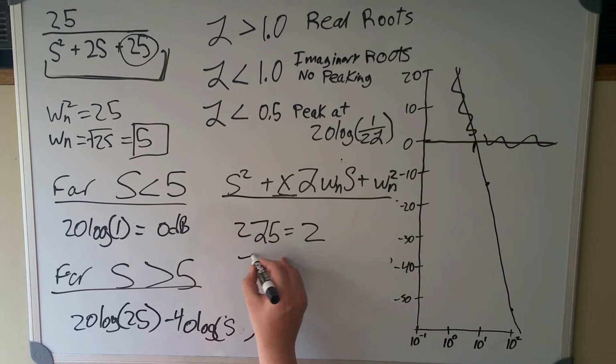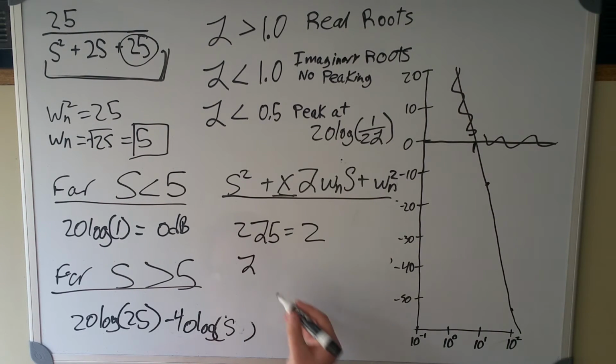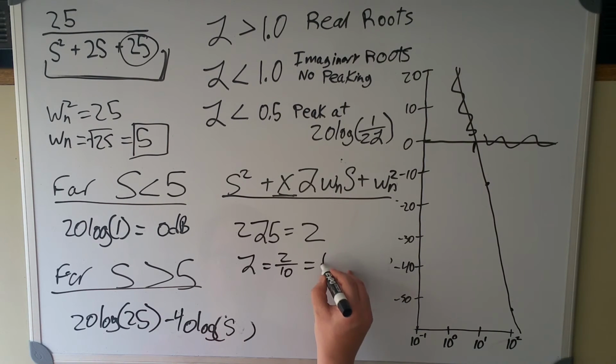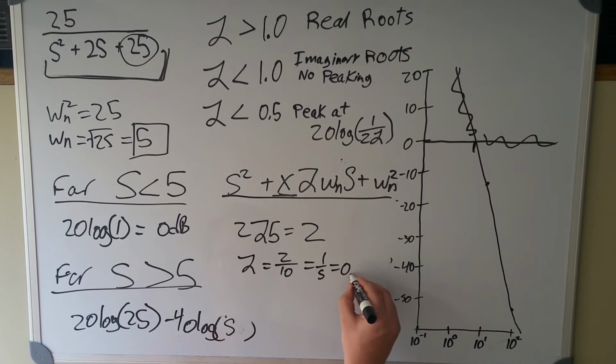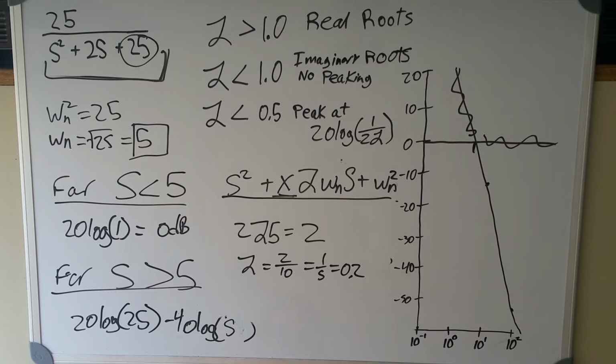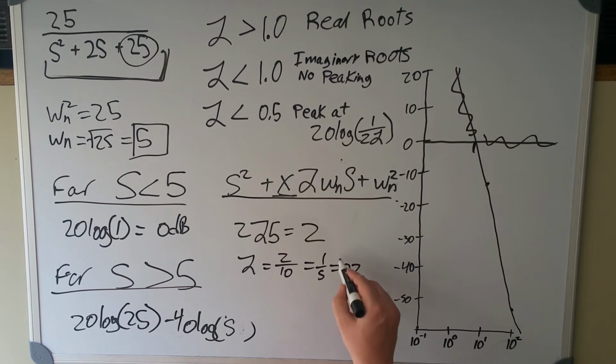So then zeta equals 2 over 10, 0.2, and that is zeta.